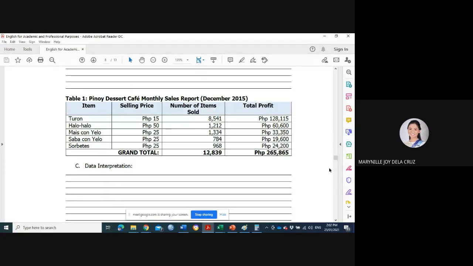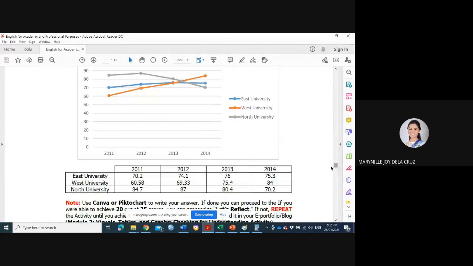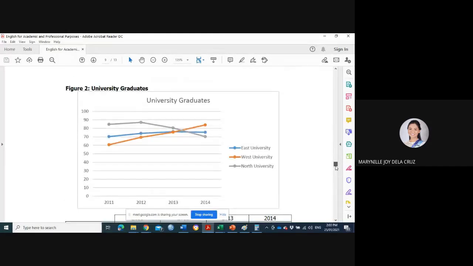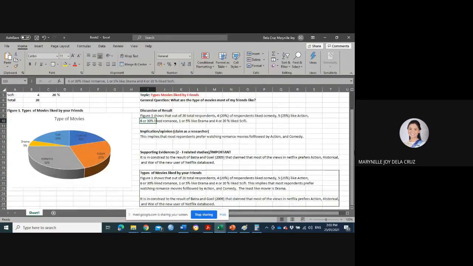How are you going to interpret this table? How are you going to interpret also this table, using the line graph in connection with the table? You need to follow the pattern like what I did in this example.